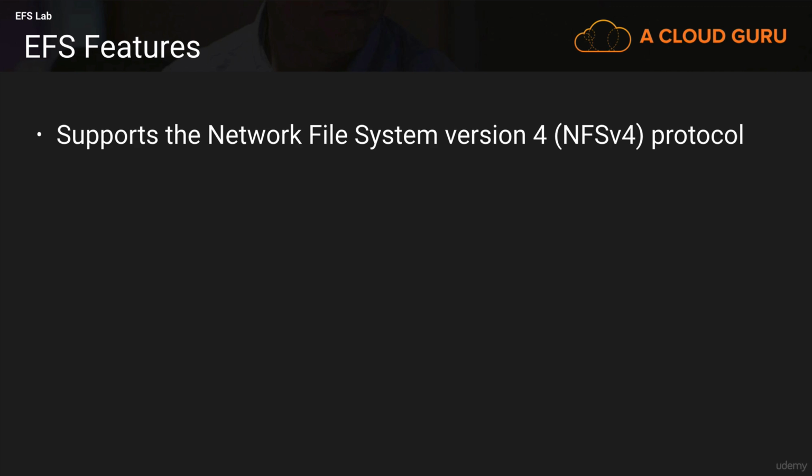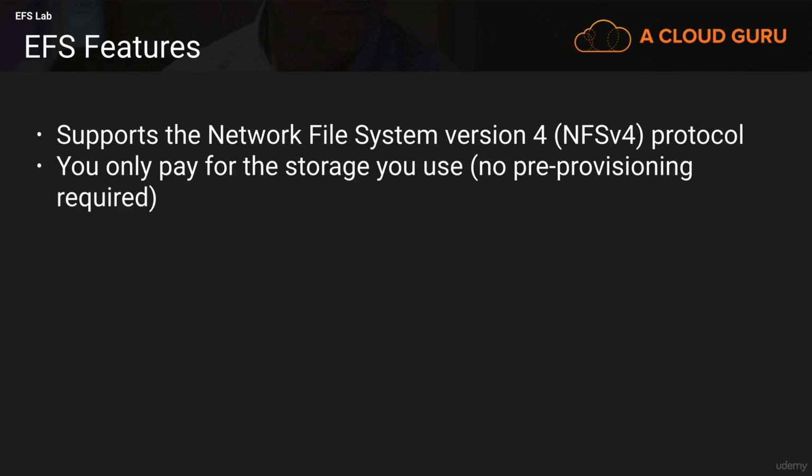And moving on to Elastic File System. So basically, Elastic File System is brand new. It supports NFS version 4. You only pay for the storage which you use. You don't have to pre-provision, as we saw in that lab. So you don't have to say I need an 8 gig instance. You literally just start writing to EFS, and you're going to pay at this stage 30 cents per gig.